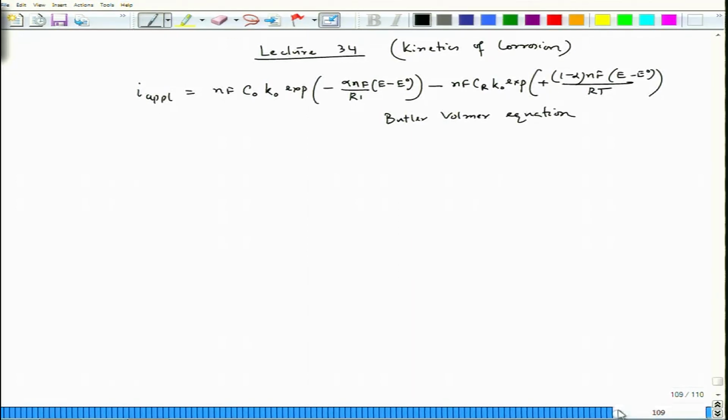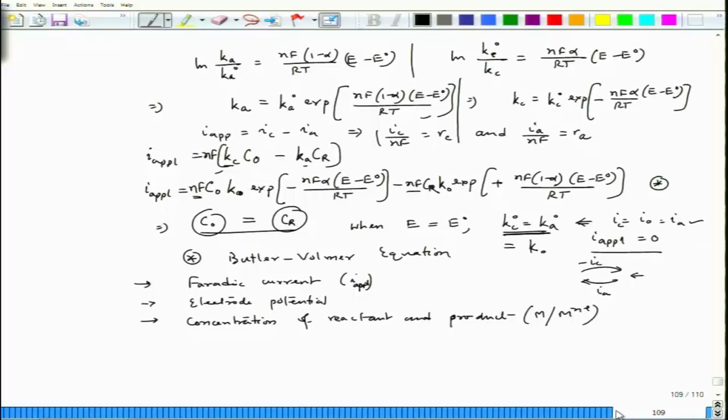And if we see the previous analysis, this is my I applied, and then I am replacing this Kc and Ka with these two formulas, and later we have understood why Kc0 equal to Ka0, and that one we are considering K0, we are replacing that, and hence we are getting this Butler-Volmer equation.